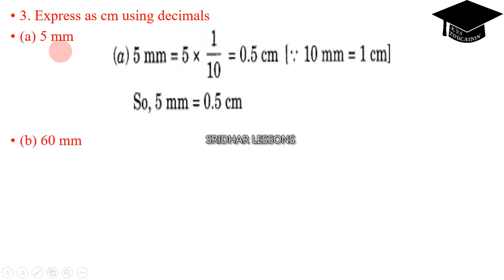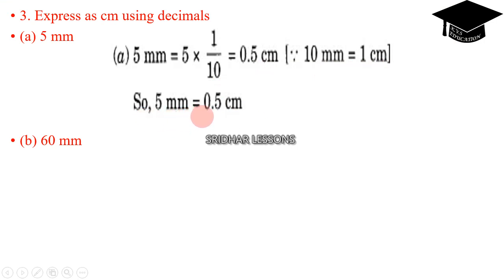Question number 3. Express as centimeters using decimals. 5 millimeters. 5 millimeters is equal to 5 into 1 by 10 centimeters. That means 0.5 centimeters, because 10 millimeters is equal to 1 centimeter.